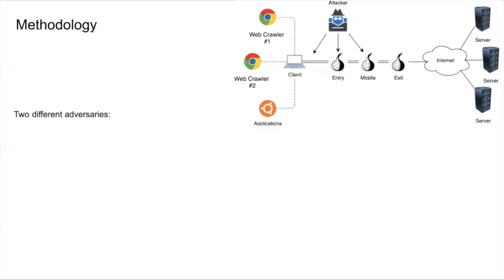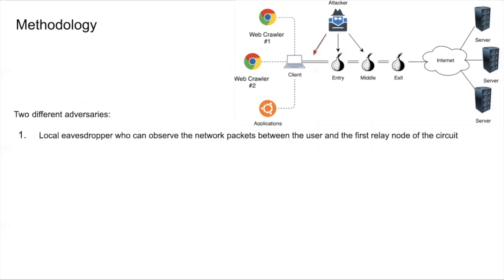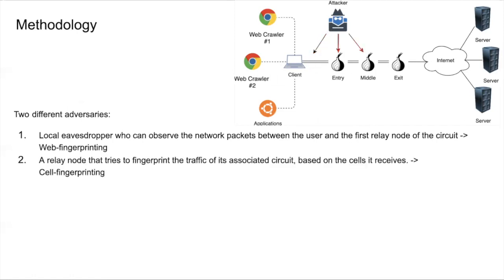For our different attacks, we employ 2 different adversaries. One of them is the local eavesdropper, who can observe the network packets between the user and the first relay node, which is the entry node. Here we show the location where the adversary is eavesdropping by the red arrow.